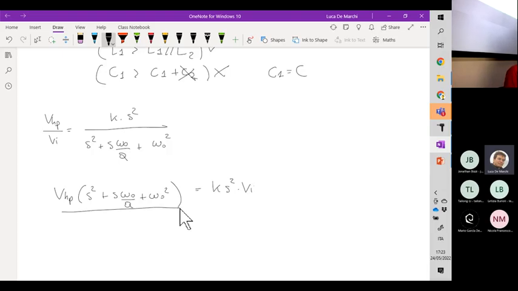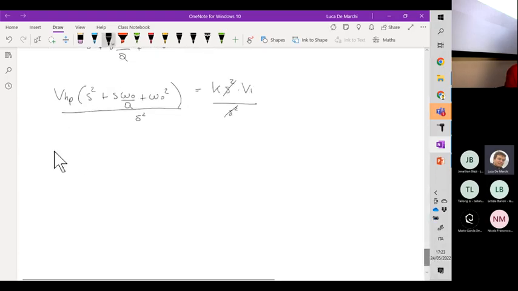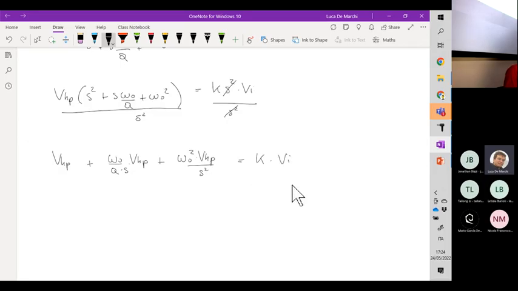Then we can divide the left and right hand terms by S^2, and we get this new expression: VHP plus omega0 over Q times S times VHP plus omega0^2 times VHP over S^2, which is equal to K times VI.